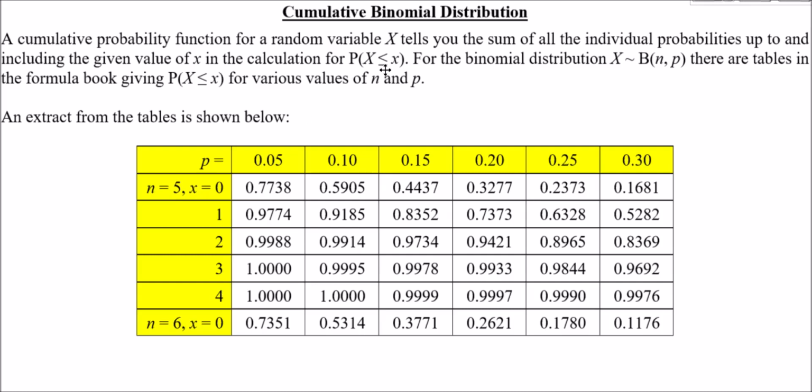Because this is cumulative, it's going to keep adding up until we get closer to 1. So if we did go up to 5, all of these values would be 1 exactly. The start of the next one for n equals 6 would be given. This would actually go down here, which I've cut off in this extract. This would go down further on the page in the booklet.